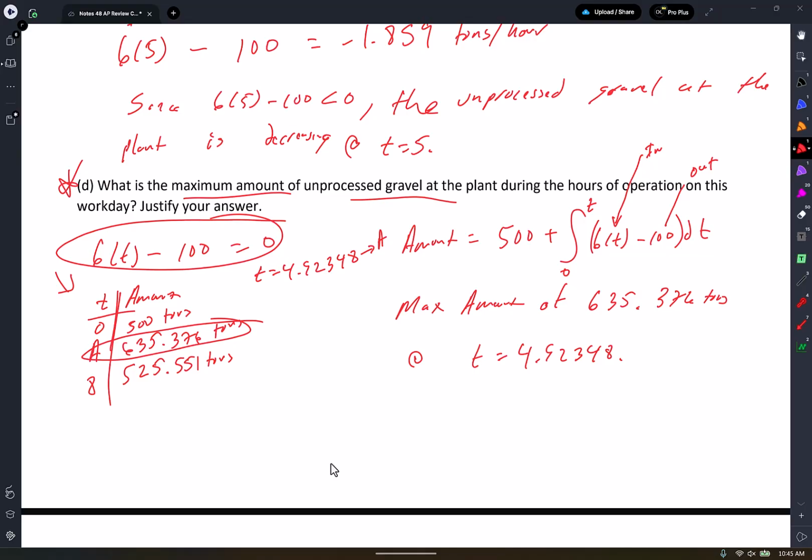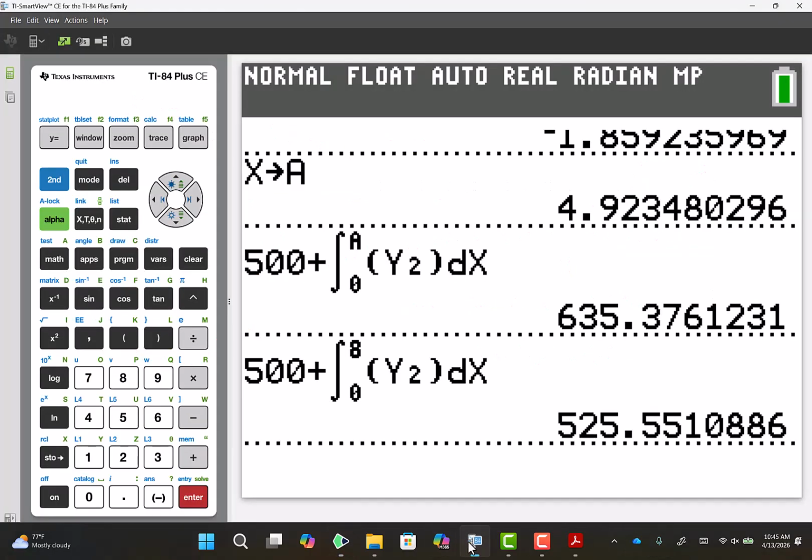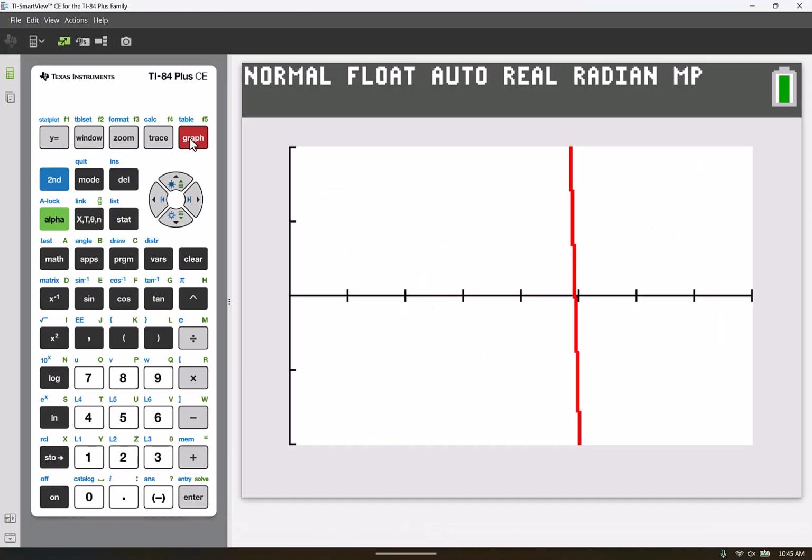It just wants to know when's the maximum amount of gravel that I have. So when do I have the maximum amount of gravel? I look, this is my net rate. You need to put that in your notes. Net rate, and I'm looking for my net rate is 0 as a possible candidate. And then when I look at this graph, my net rate changed from positive to negative right at that moment.